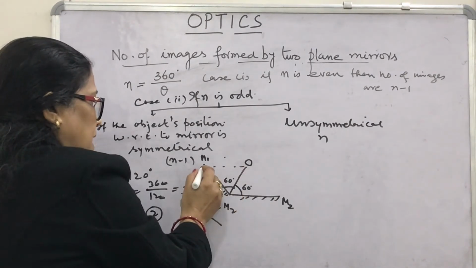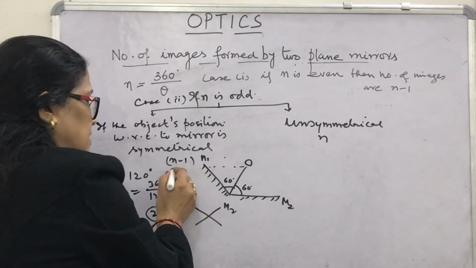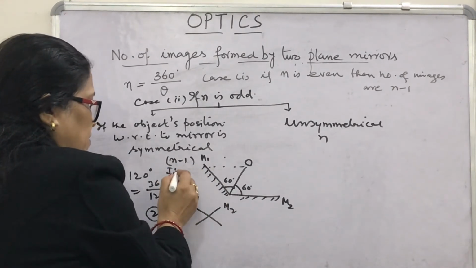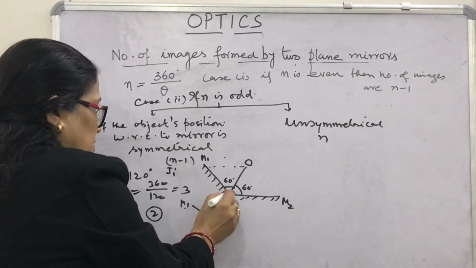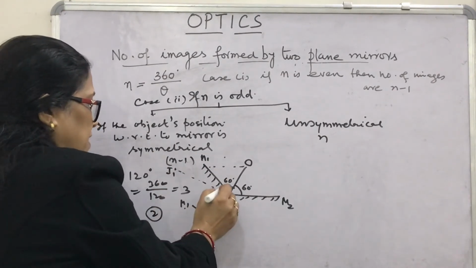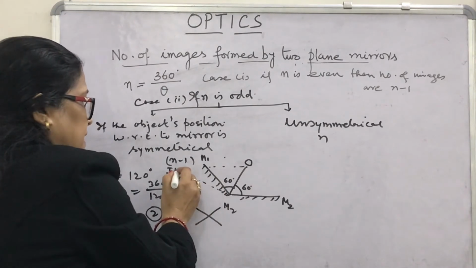You know that for the first image, from M1 it will be behind M1 at position I1. So this is the angular position of the object, and you will find that O has its image at I1.